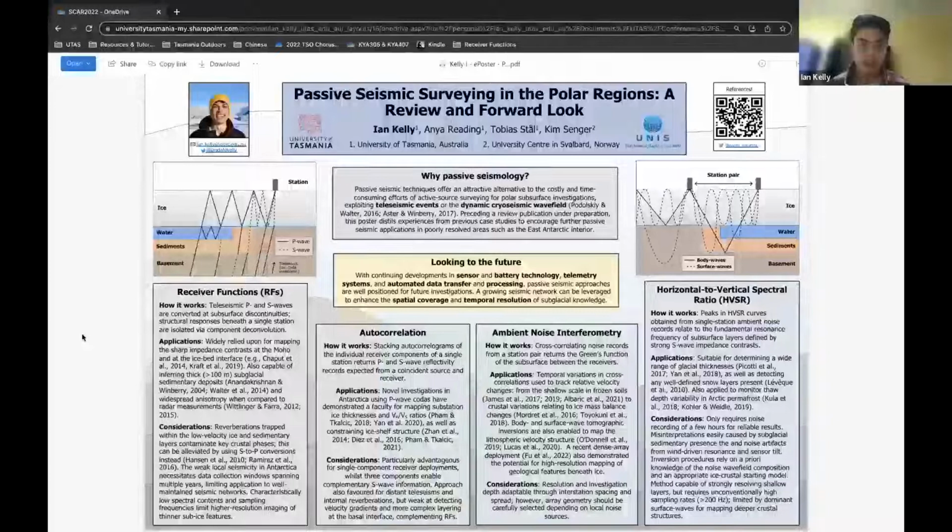And so this poster is like a subsection of that review publication, which is hopefully going to be submitted within this year and next few months.